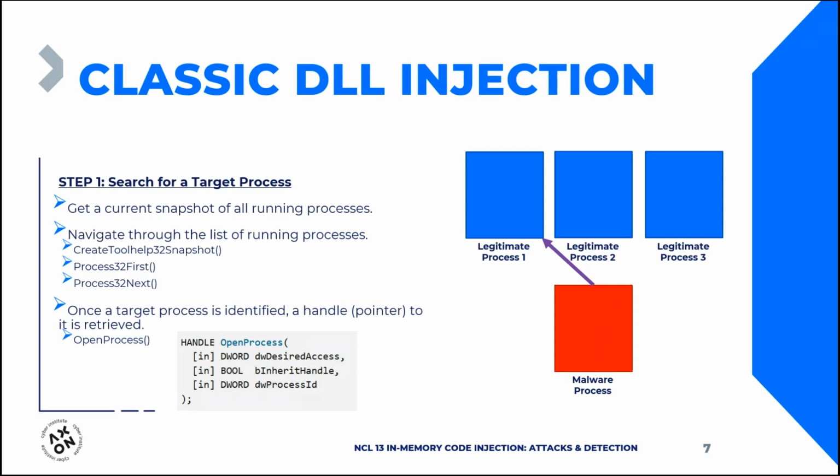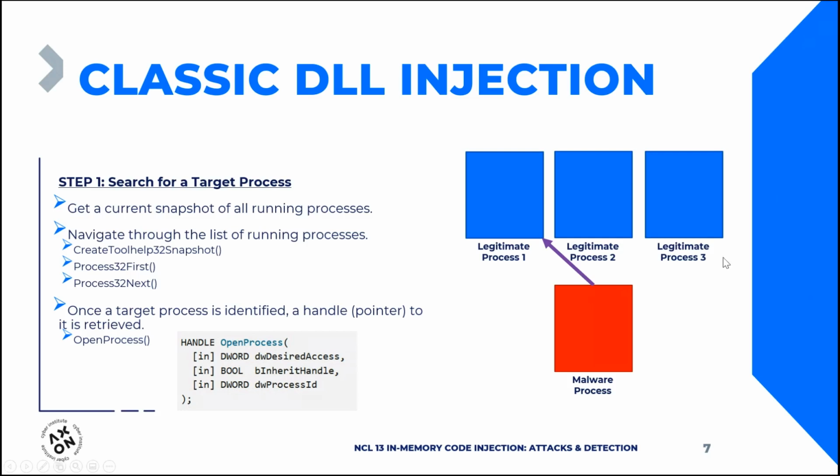And the way it does this is there are certain APIs or system calls that will give me a snapshot of all the running processes in memory as a chained list or a linked list, and then the malware process would navigate through this list until it identifies a certain target process.